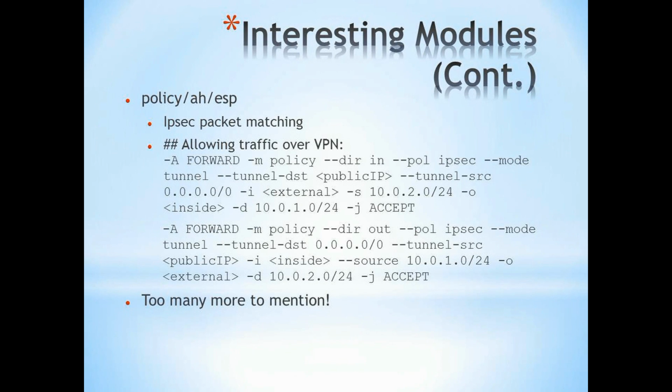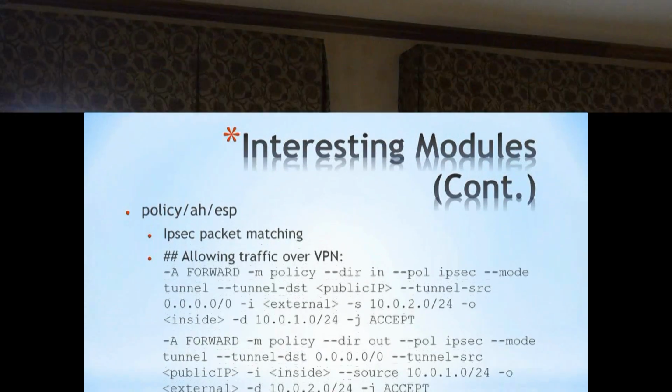And here, I put up a quick example of how you can set up VPN tunneling, how you can use this with IPsec. But you can also use the policy and IPsec modules for iptables to check your packets for your authentication headers and stuff like that.